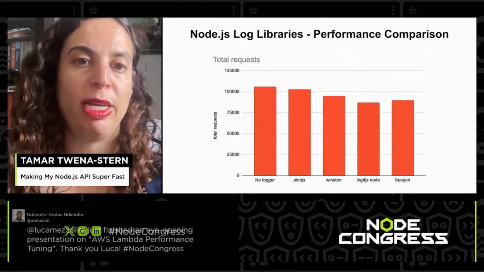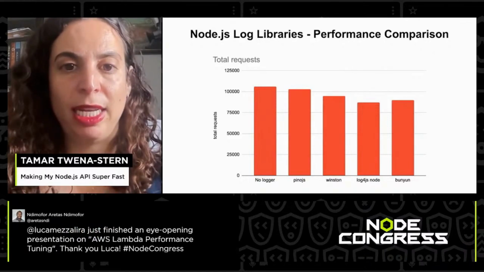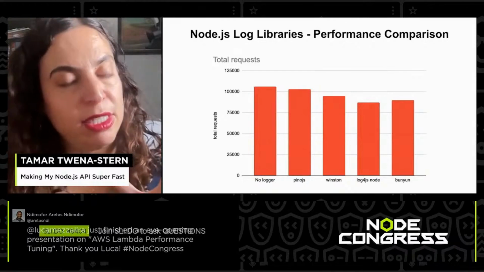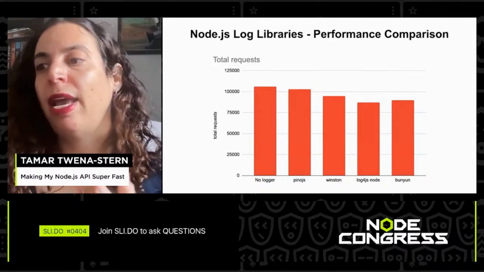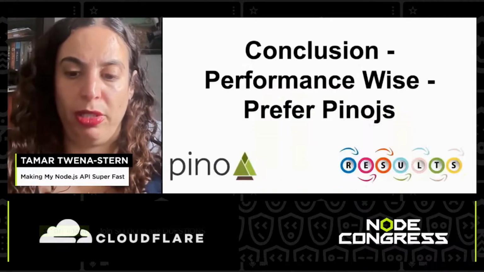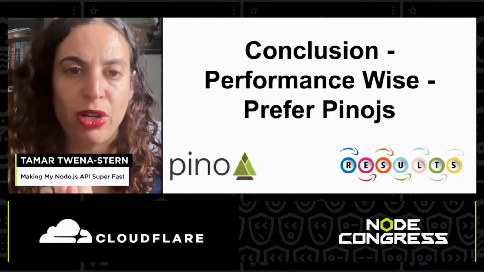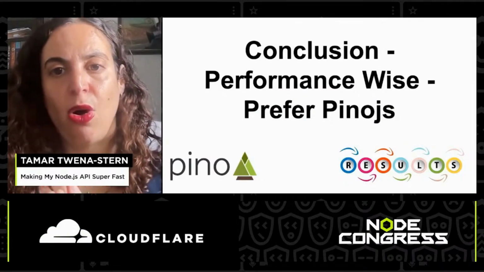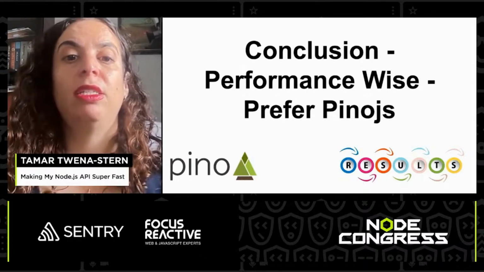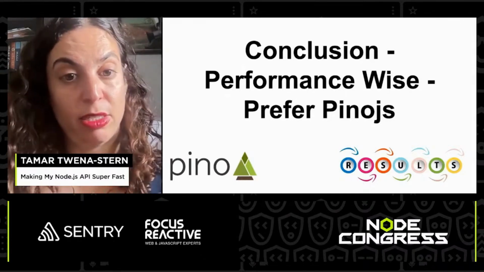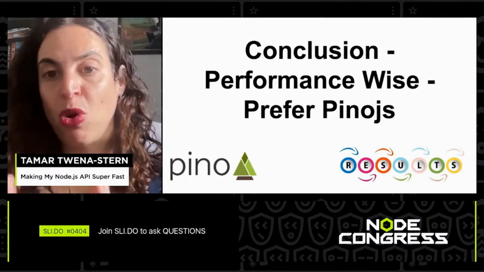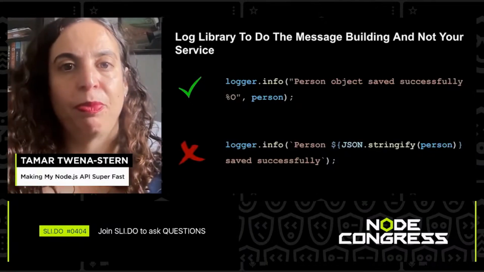We can see that in the average request per second, and we can also see it in the total requests, as you see that the server with Pino was able to serve an amount of requests which is closer to a server with 0 logs. So if you're thinking about performance efficiency, prefer Pino.js over other libraries. That can change, but for now, it is the most efficient log library out there.